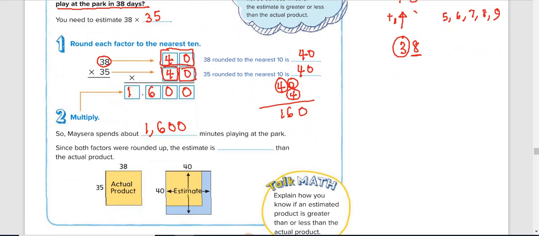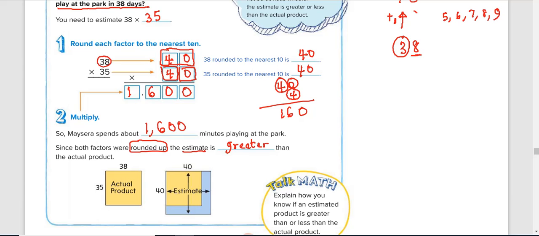Since both factors were rounded up, the estimate is definitely greater than the actual product. If both numbers were rounded down, then the estimate will be less than the actual product.